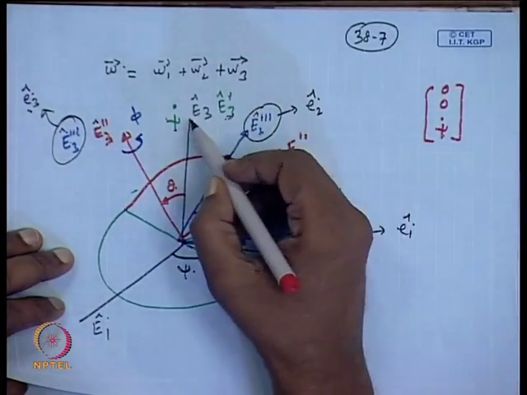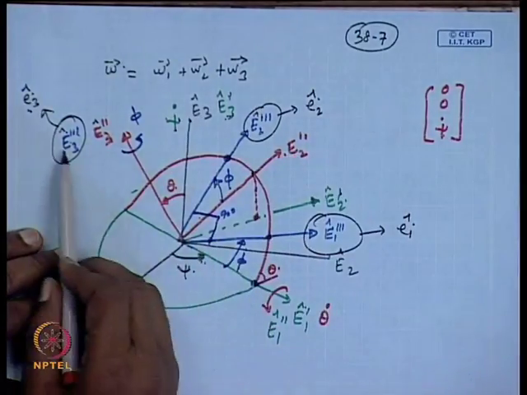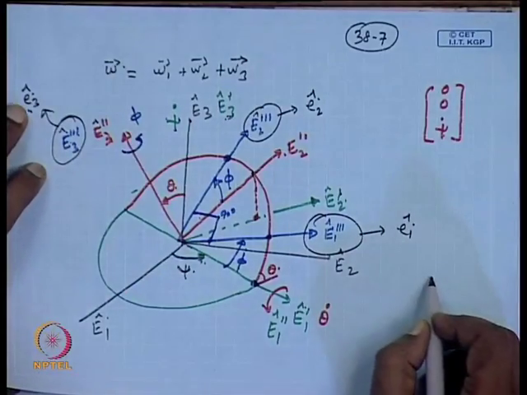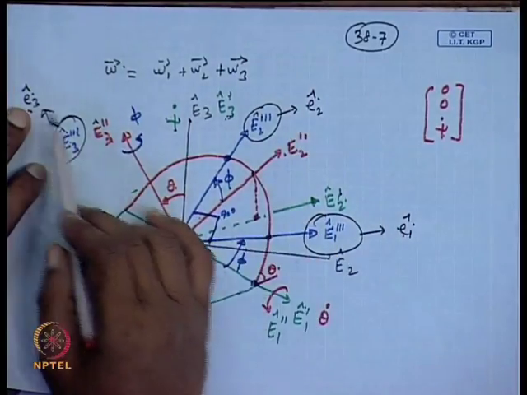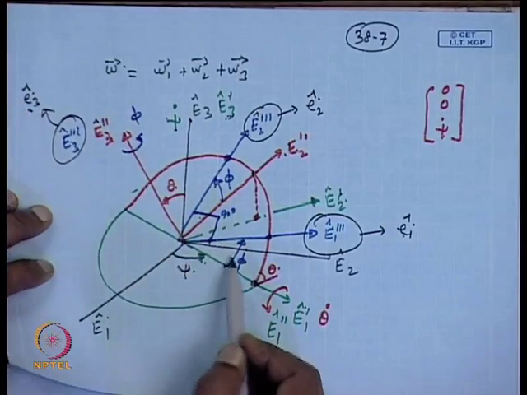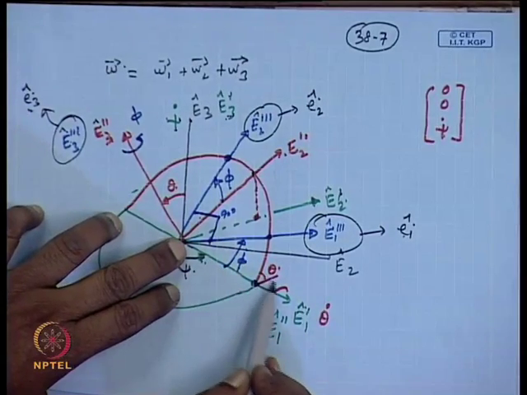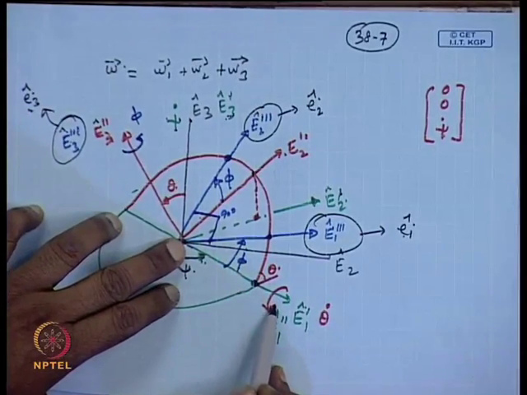Okay, so this psi dot vector needs to be converted finally into E 1 cap, E 2 cap and E 3 cap. To convert it, the first rotation you need to give is theta, another rotation you need to give is phi.